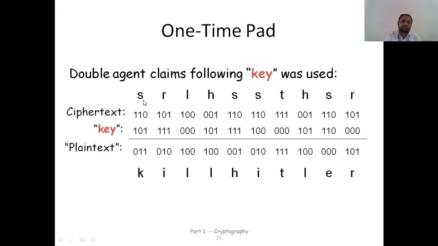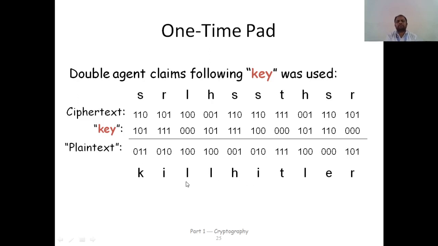So now he performs the same. He knows the algorithm, and he tries to get the key which was used. He claims the key used is this, and he performs the same thing, that is ciphertext XOR key, and he gets the binary numbers. After getting the binary numbers, he tries to convert them into letters, and what he gets is kill Hitler.